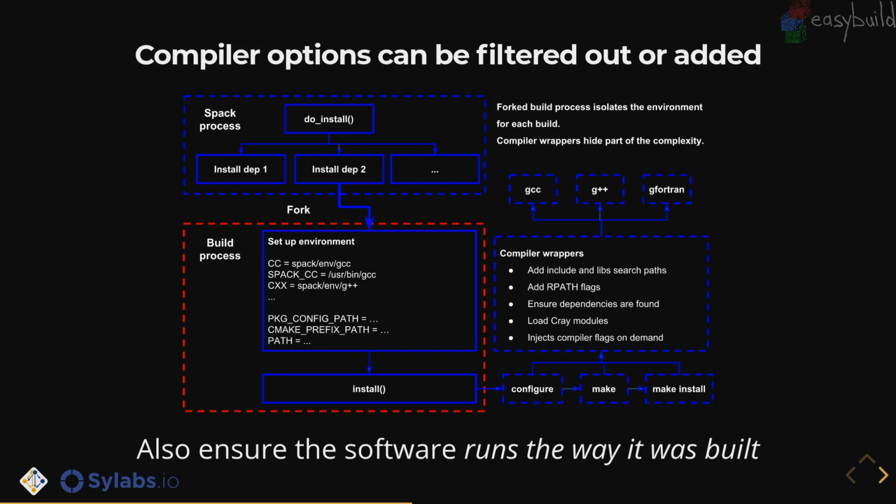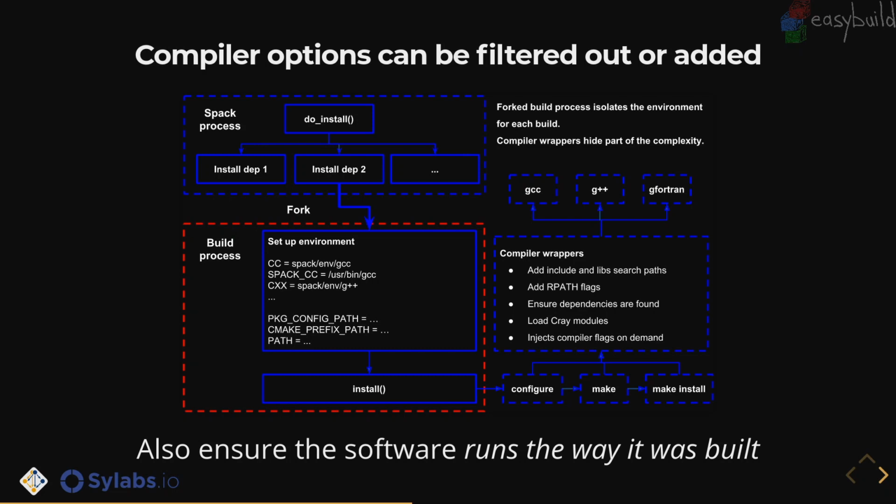We fork a new process because maybe the build environment needs something to be set up and we want it to be clean for each software we install. We set up the new environment and then we go through a set of phases that depends on the underlying build system. For instance, if it is an AutoTools package, it would be configure, make, install.